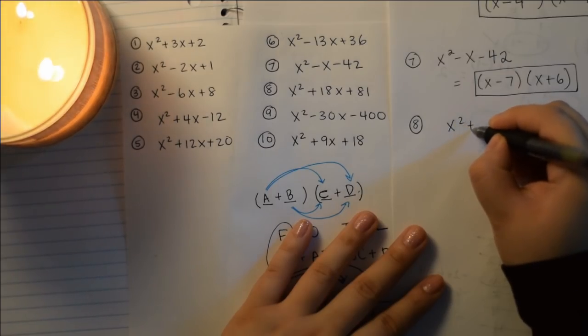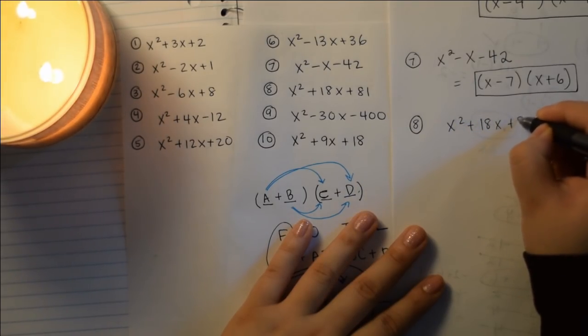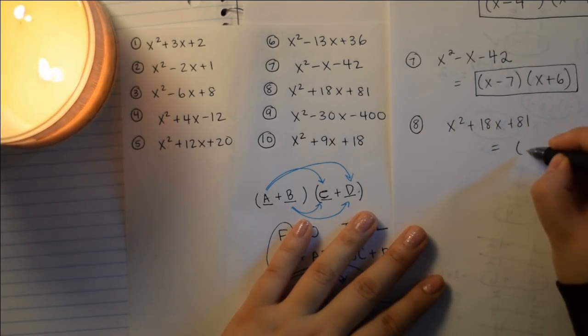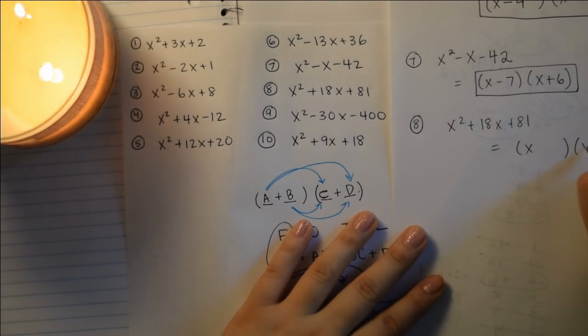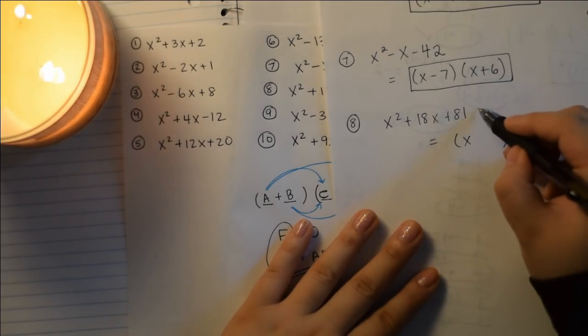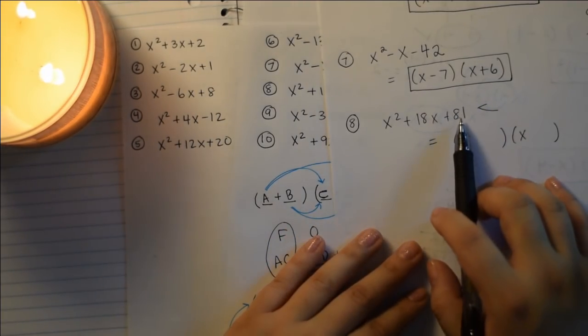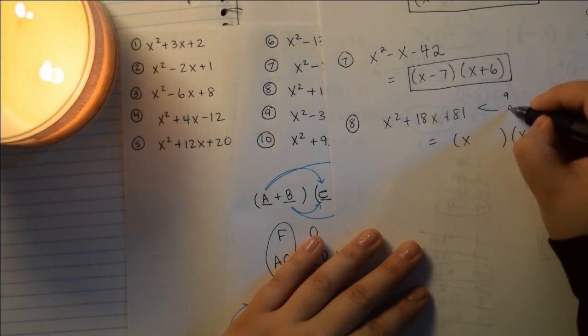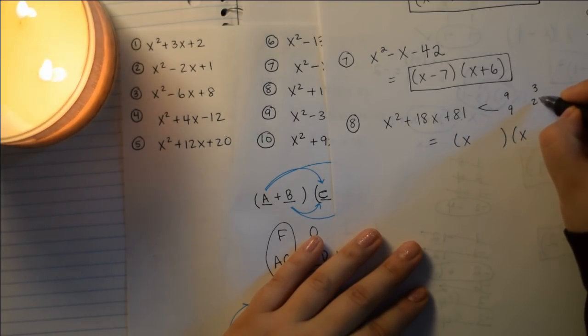So x squared plus 18x plus 81. This 81 can be 9 and 9, but it can also be 3 and 27.